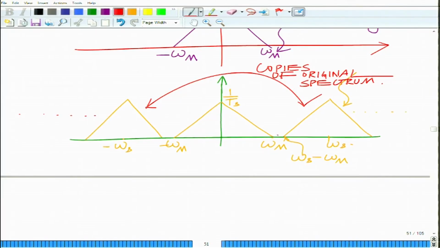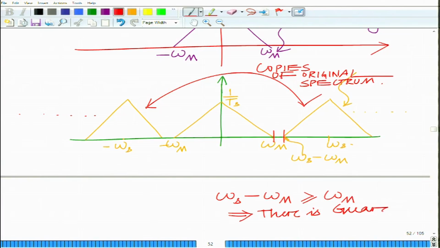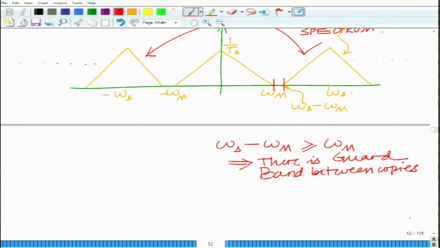So, basically what happens is, now when you have these copies and if there is a gap between the copies, that is omega_s minus omega_m is greater than or equal to omega_m, the maximum frequency, implies there is a guard band between copies, which implies no interference or no distortion.